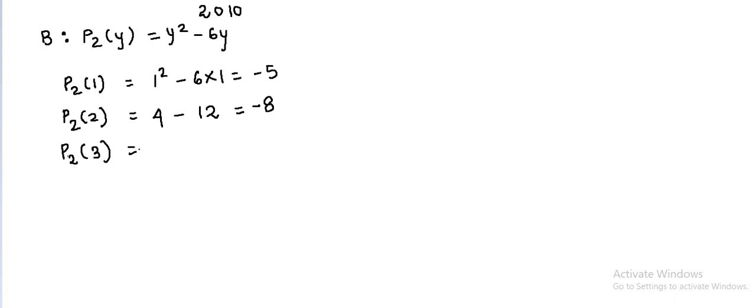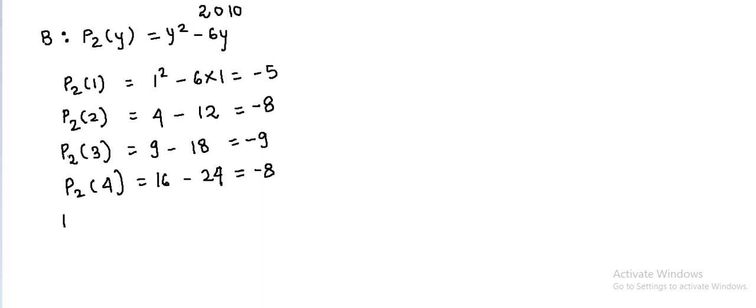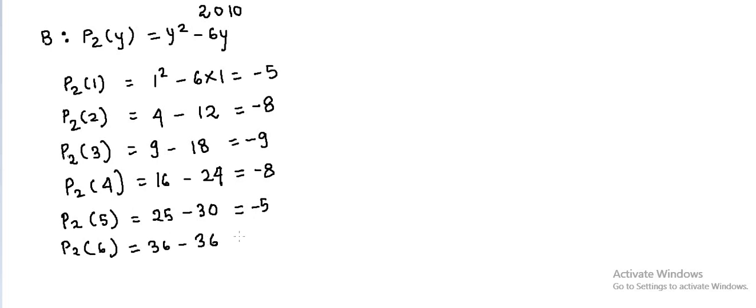P2(3) is equal to 9 minus 18, which is −9. P2(4) is 16 minus 24, which is −8. P2(5) is 25 minus 30, which is −5. P2(6) is 36 minus 36, which gives you 0.